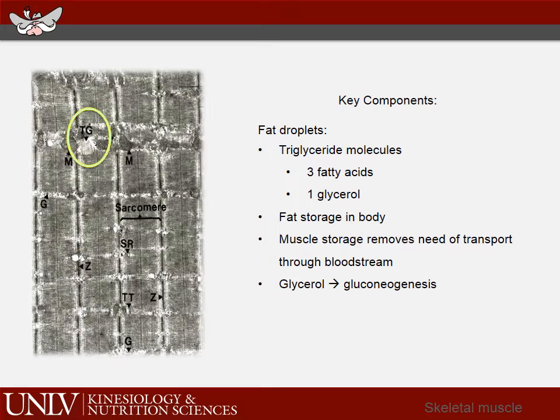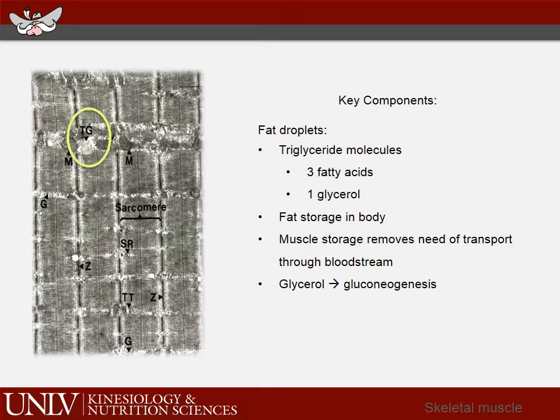So in the skeletal muscle, in order to use a fat droplet or a triglyceride for energy, you have to first break up the three fatty acids and the glycerol molecule. This is done through triglyceride lipase, but that's not important for this class. But just so you know, at this point, you have the three fatty acids and you have a glycerol. The three fatty acids go directly into the skeletal muscle where they are changed through the mitochondria and create the energy.